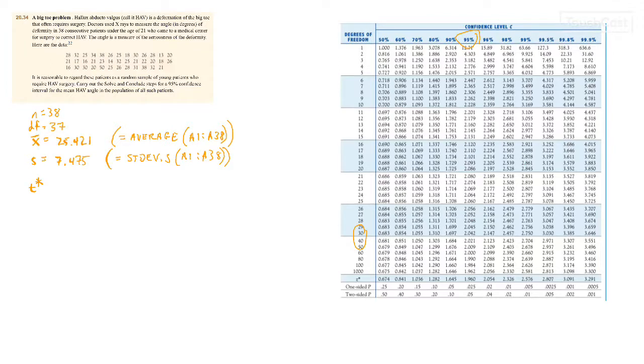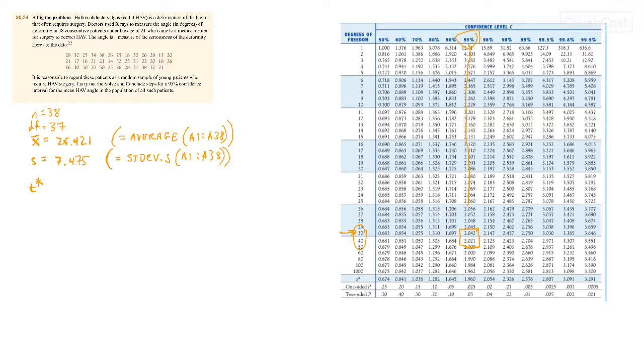If I work down, I can see the number is somewhere between 2.042 and 2.021, but it's not exact. I can err on the side of caution and go with the 30, or I could take the average between 30 and 40, since 37 is a little higher than 50% of the way.